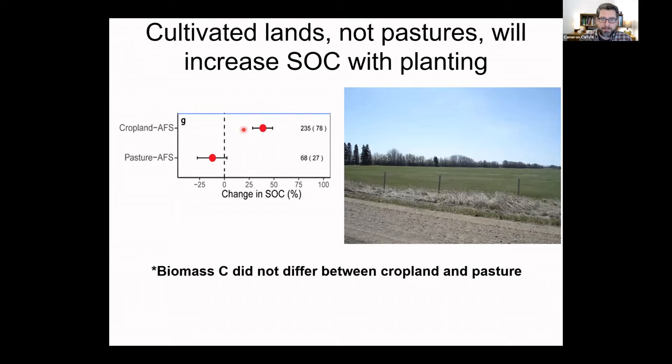It increases the amount of soil organic carbon in those systems, whereas adding trees into systems that had previously been pasture didn't have a benefit, and even maybe had a negative impact on the overall soil organic carbon amount, although it wasn't significantly different from zero.